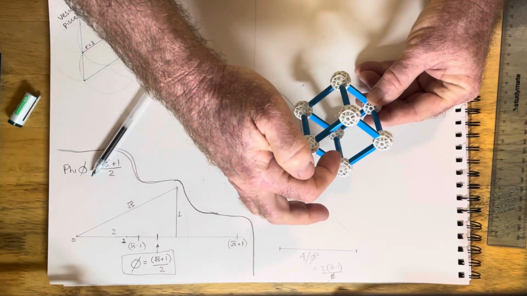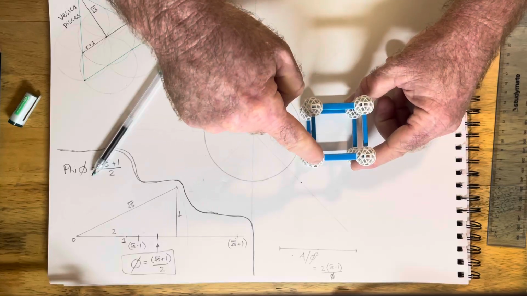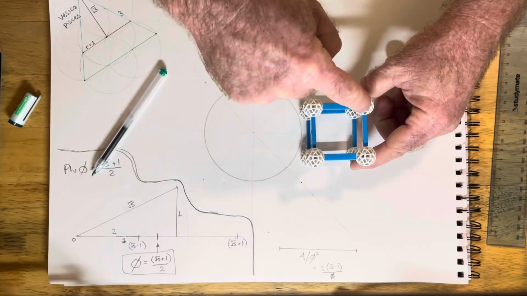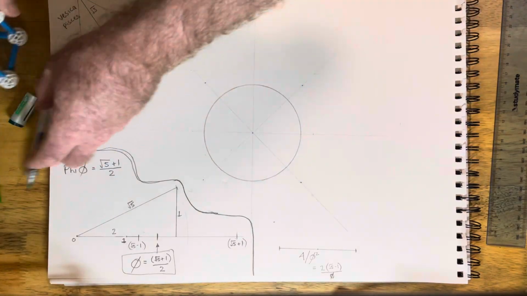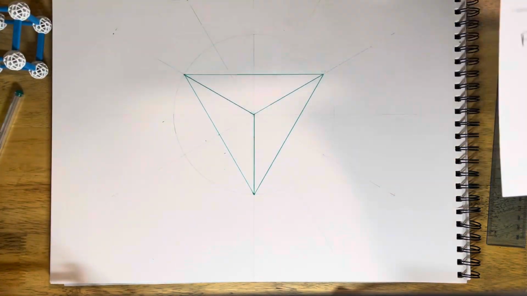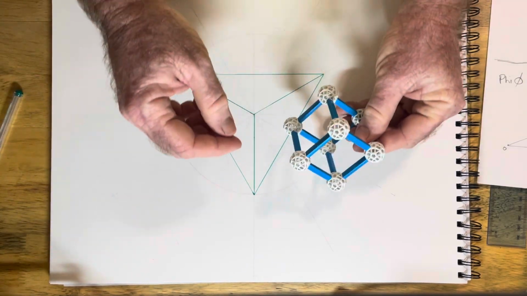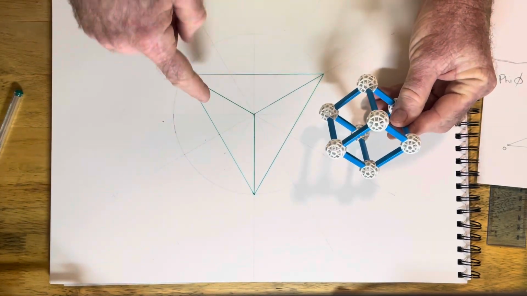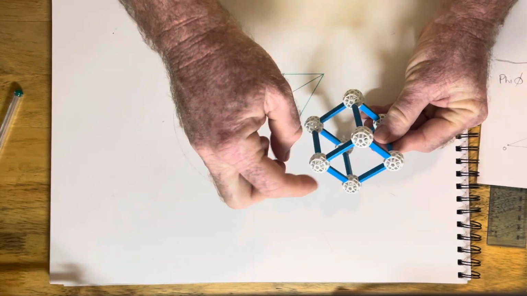And if this is equal to 2, then this is equal to 2 times the square root of 2, this thing here. So the edge of the tetrahedron is equal to 2 times the square root of 2. And here we're getting a true visual reading.